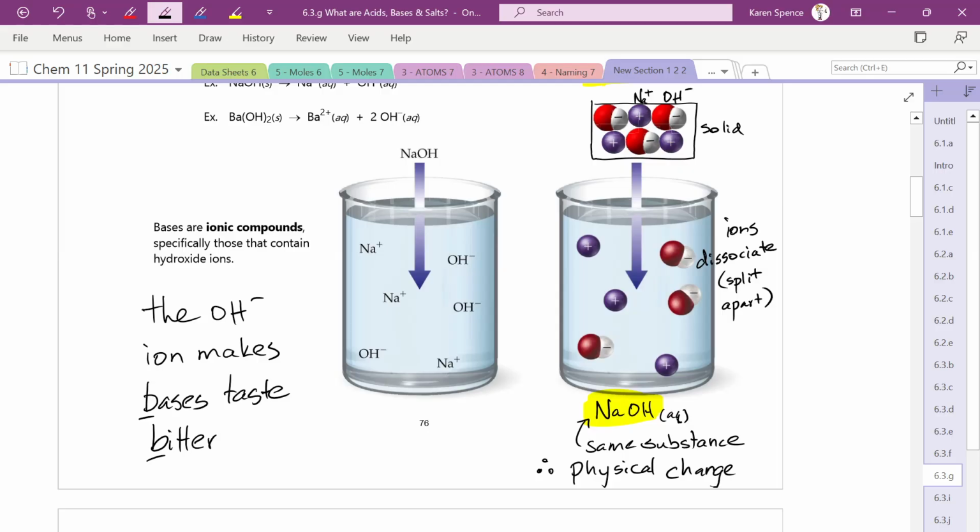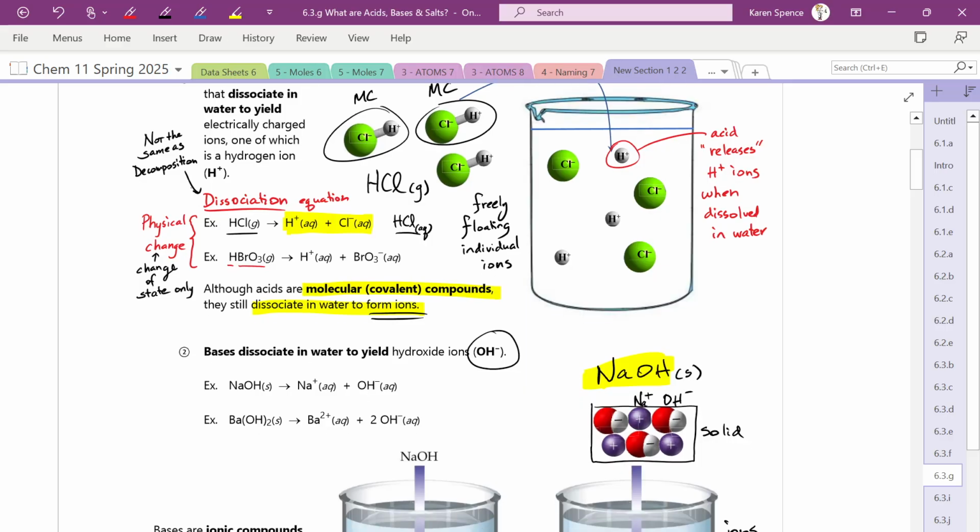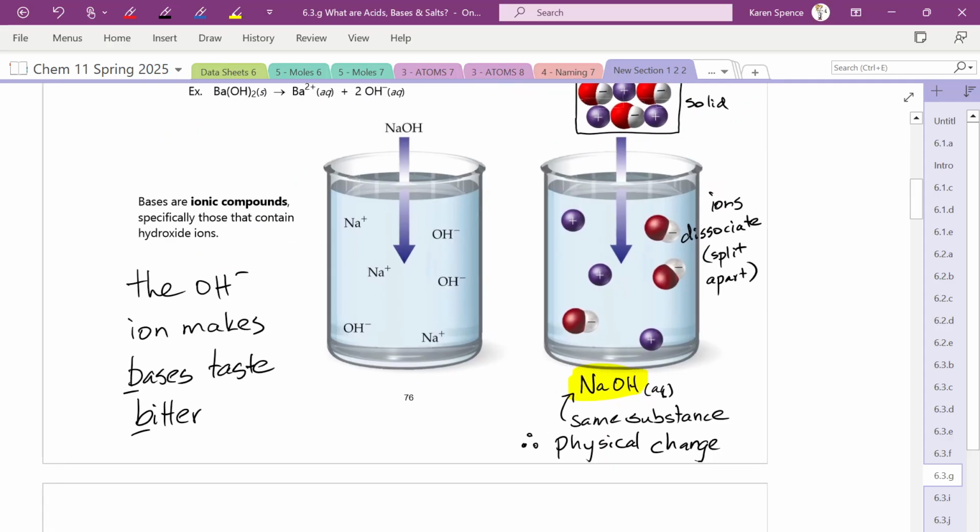And if you ever have trouble remembering that, bases taste bitter. So we have acids, which release hydrogen in water. We have bases, which release OH in water.